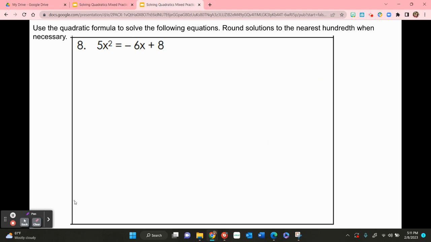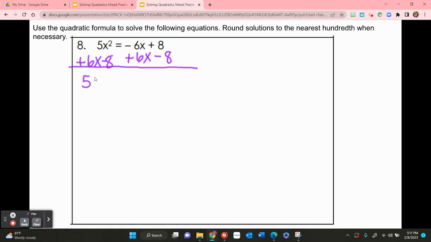Next, we're going to take a look at number 8. I'm only going to set it up with you, and I'm not going to solve the equation for you. So we have 5x squared equals -6x plus 8. Again, in order to use the quadratic formula, your equation needs to be set equal to 0. So I want to move -6x and 8 over to the opposite side of the equal sign, and we will do that by adding 6x and subtracting 8 to both sides.